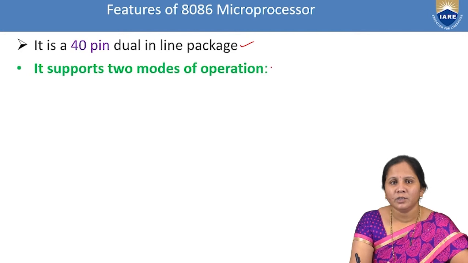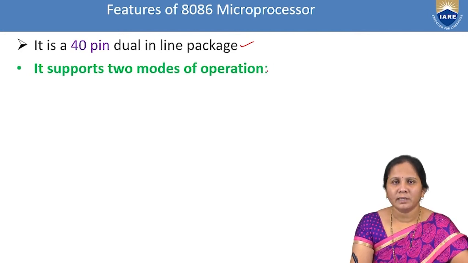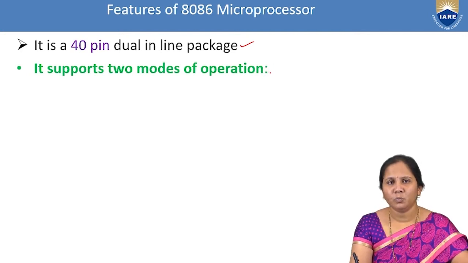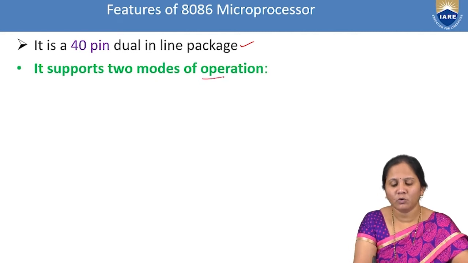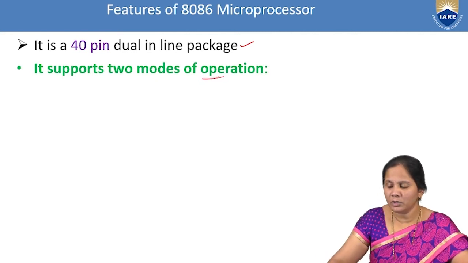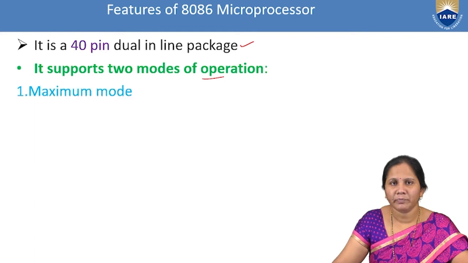The 8086 microprocessor can be operated in two modes. So it has two modes of operation: one is maximum mode and the other is minimum mode.